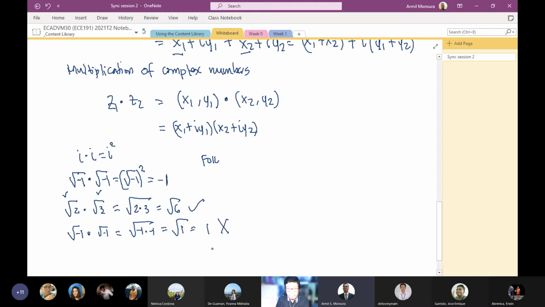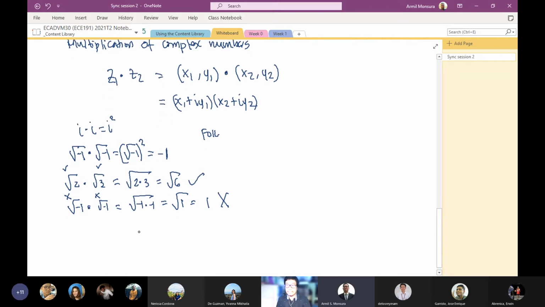This is wrong. Dahil number 1, you cannot apply this rule because both of these are not real numbers. Square root of -1 is not a real number. So therefore, you cannot apply this rule. Number 2, bakit hindi siya pwede?